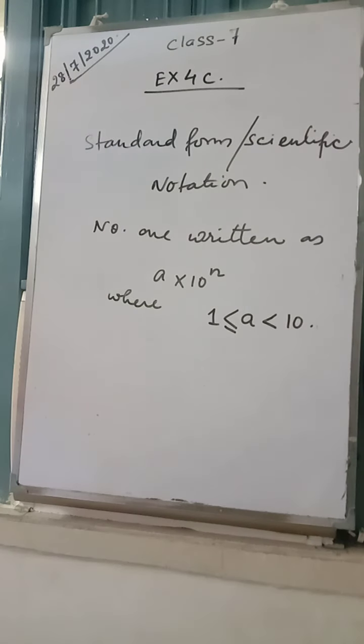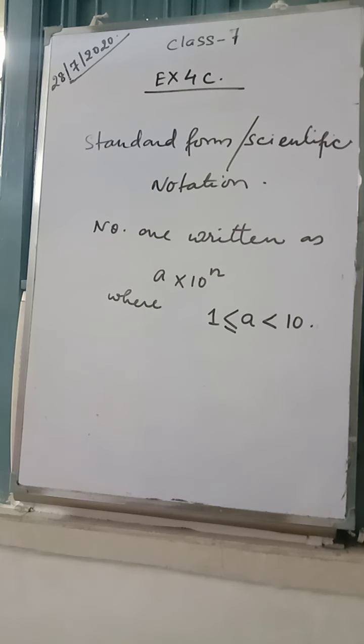It may be 1 or greater than 1, but it will always be less than 10. It may be 9.9 but not 10. The value of a is 1 to 9.9. It cannot be more than 9.9 and it cannot be less than 1. That is known as scientific notation or standard form.